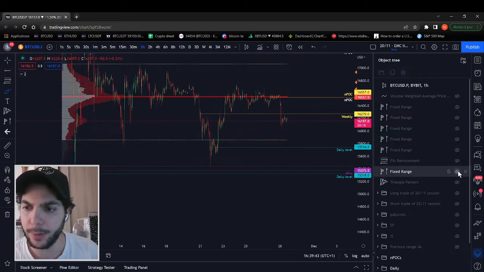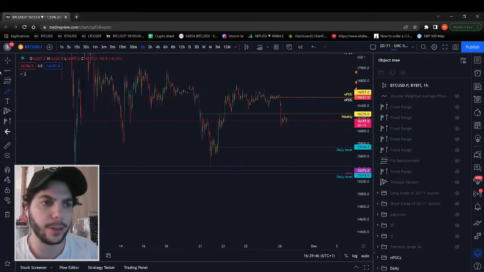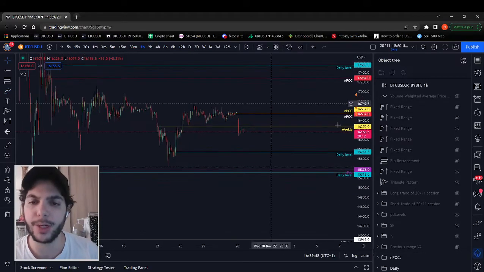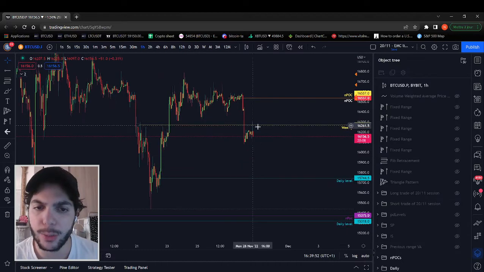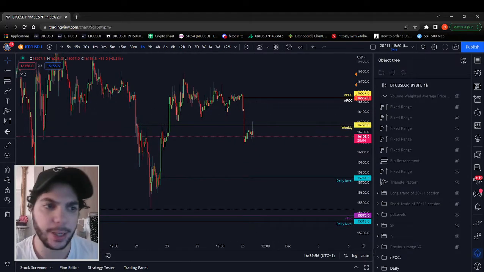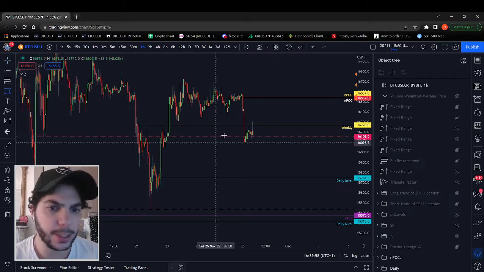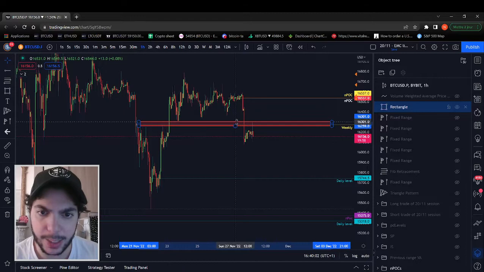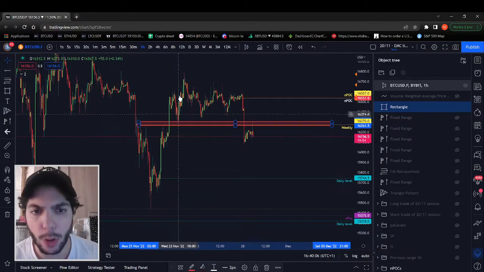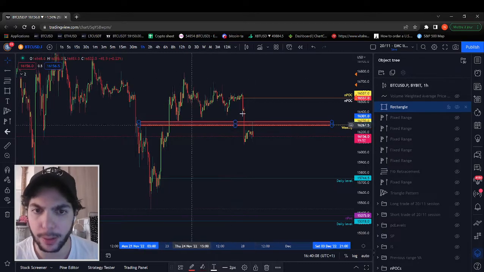Now, regarding the resistance area, so what do we have? We already said that locally this weekly is now acting as a resistance area, and actually I think we could do this. I personally like to do this. This area here is now a resistance area. Okay, it was the low of the triangle above us.